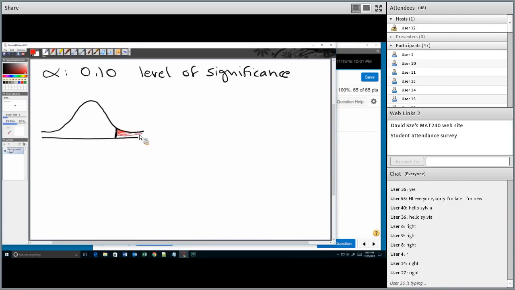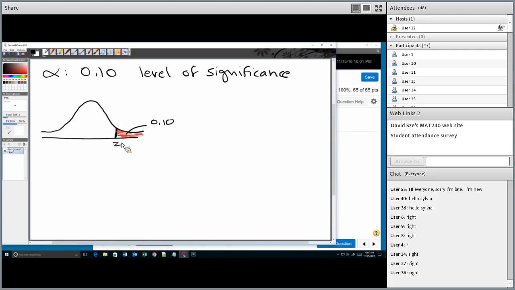So this is my rejection region right here. Now all this means the level of significance, which is alpha, is equal to 0.10, means that this probability under the curve, this highlighted probability or area under the curve is 0.10. That's all this means.